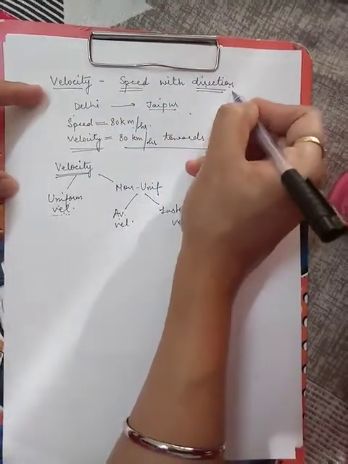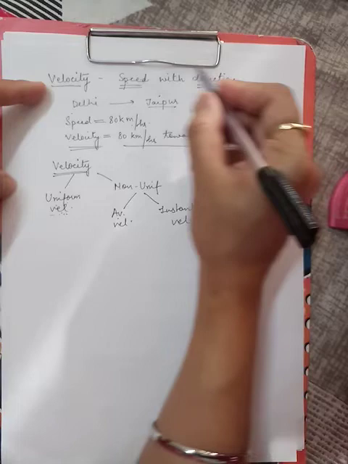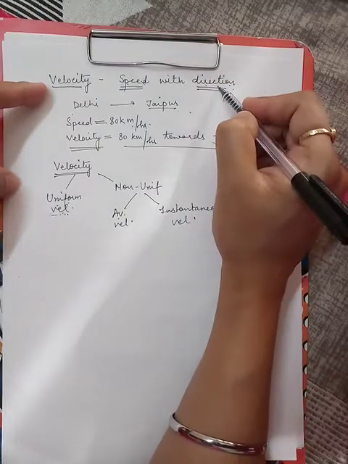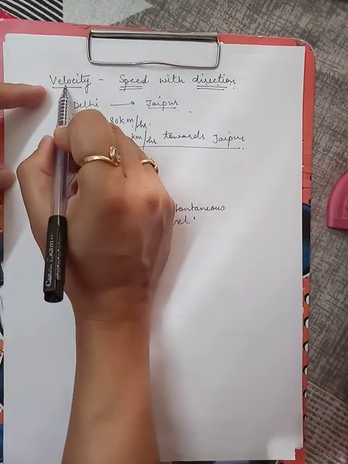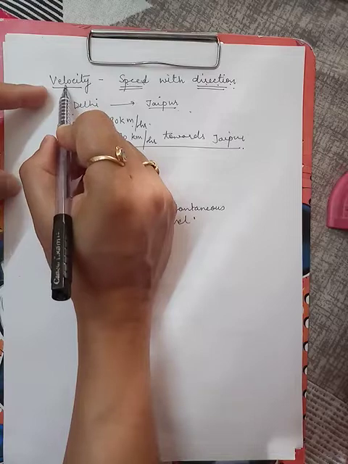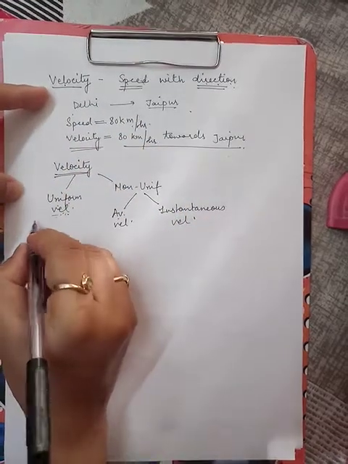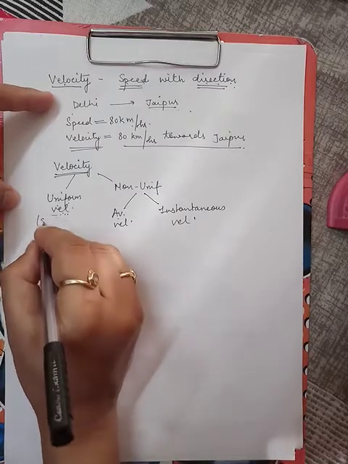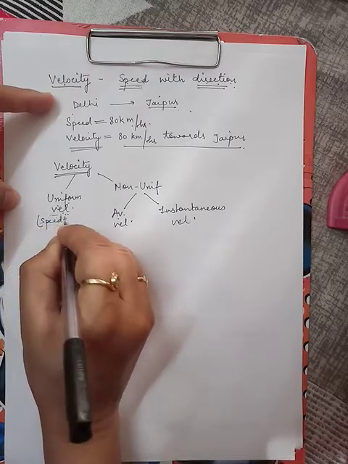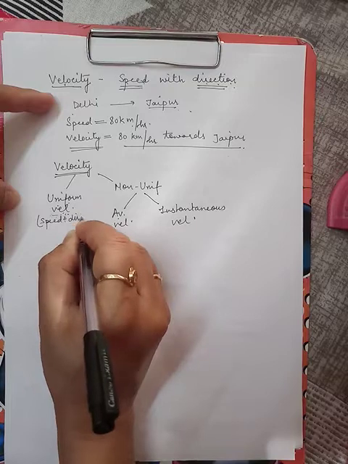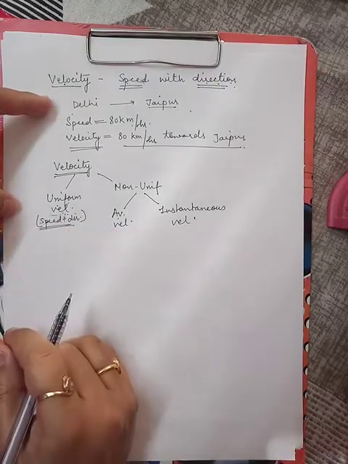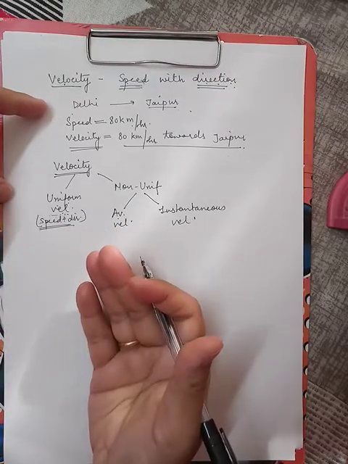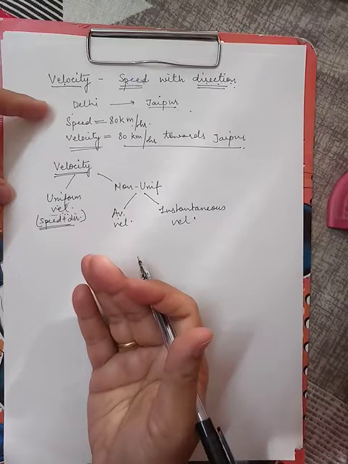If the speed is the same and the direction is also the same, then we can say that the velocity is the same or uniform, right? So both should be the same. Then we can say the object has uniform velocity.